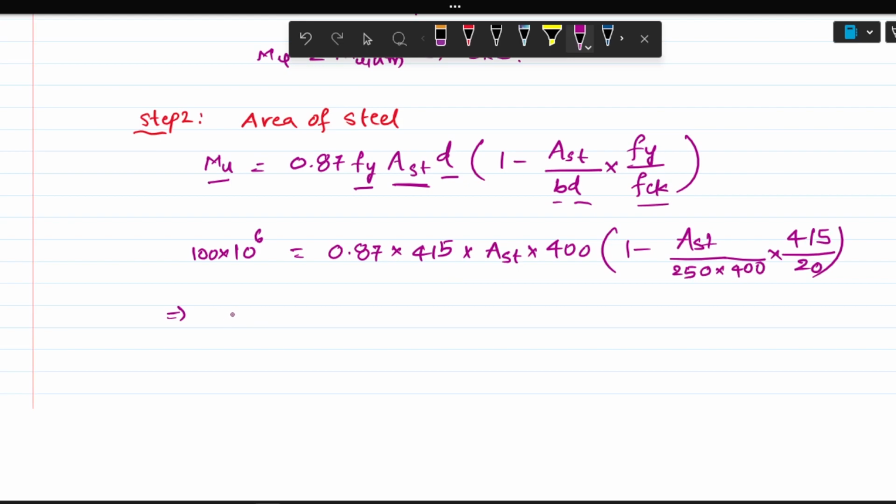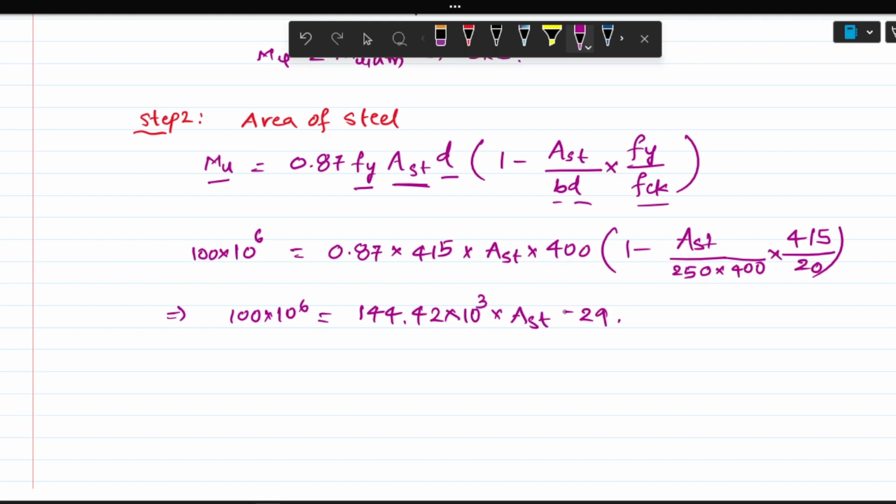That is 100 into 10 to the power 6 is equal to 144.42 into 10 to the power 3 into AST minus 29.96 AST square. This is the quadratic equation which you are going to get.